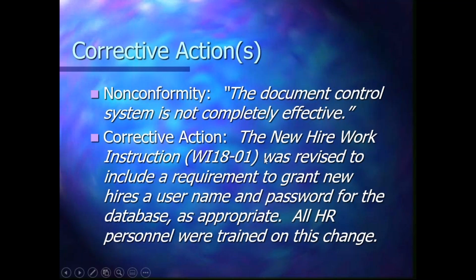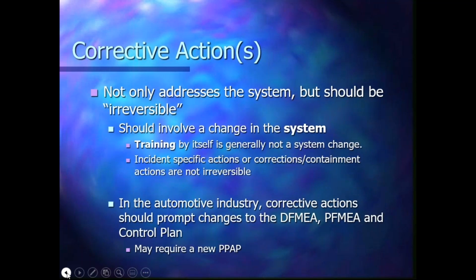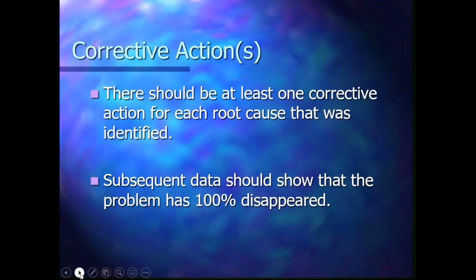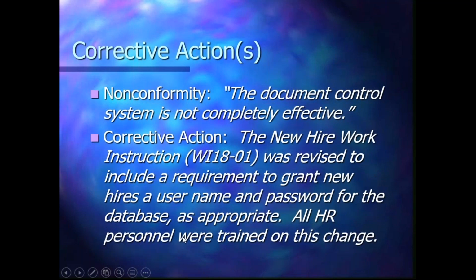There's an irreversible component as well, a permanent system change to the new hire work instruction. But does that corrective action address the root cause? HR didn't have a policy to ensure all new hires were granted a system username and password. And now they do. The new hire work instruction was updated.